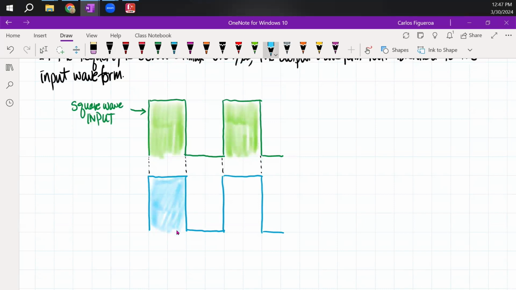Again, this is when we're using a voltage follower. In this situation, this is our square wave output.